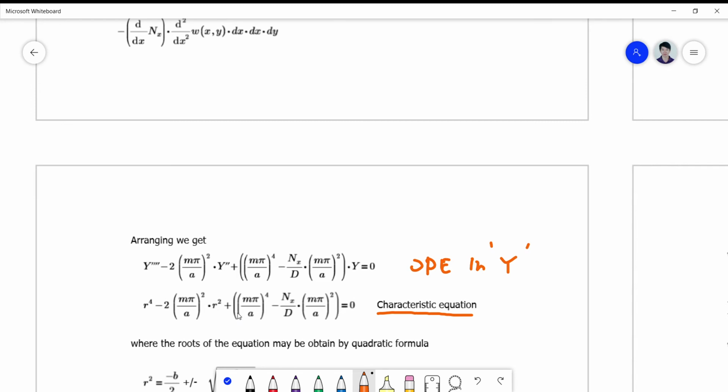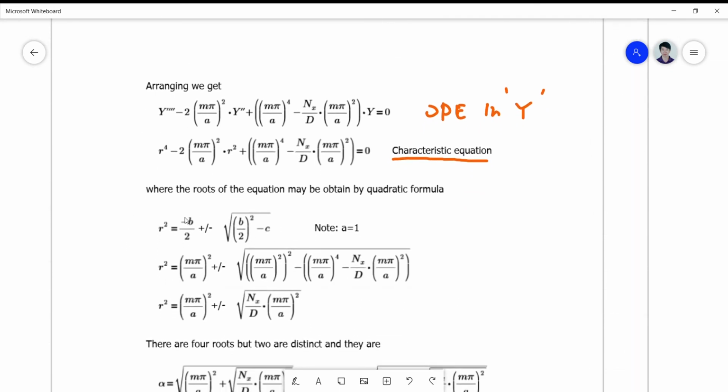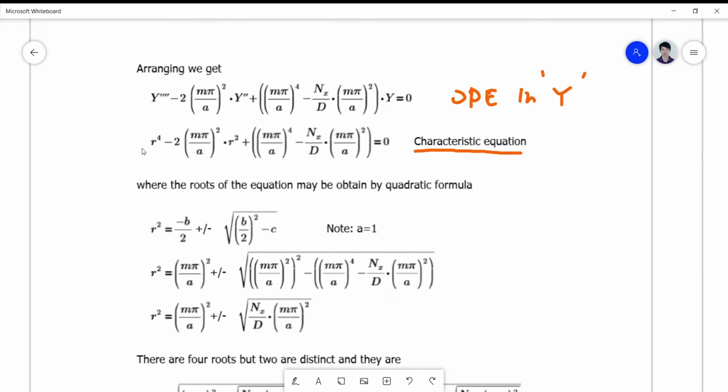Okay, so this is now my equation, and this is simply a quadratic equation in this form. So I can make it in this form, and take note that here my a is equivalent to 1 because I don't have any coefficient in this.